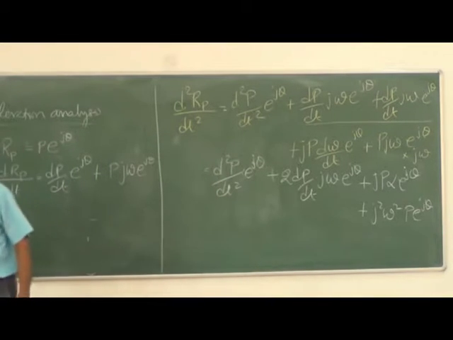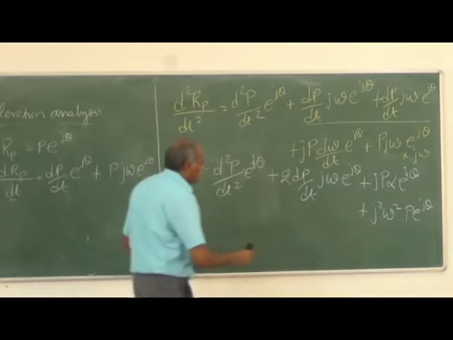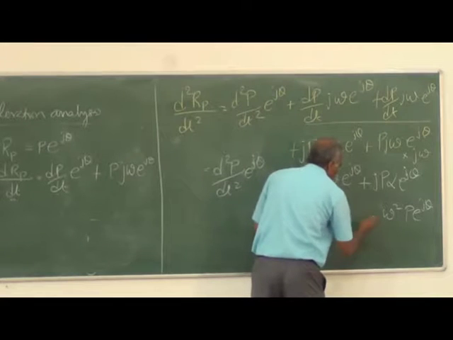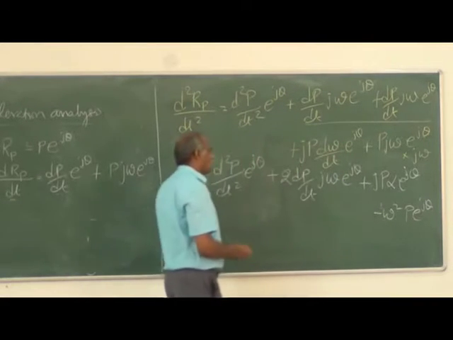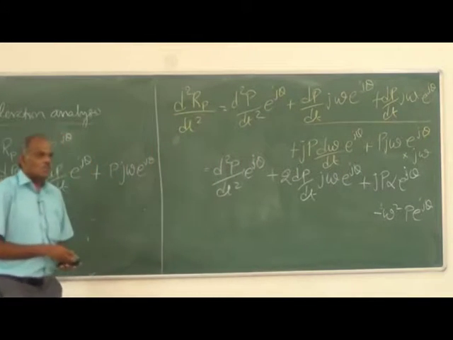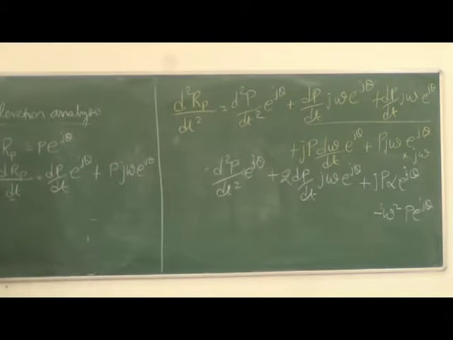So j square is minus 1, so I can say this is a minus term. These are the terms which give you the acceleration of a point P.